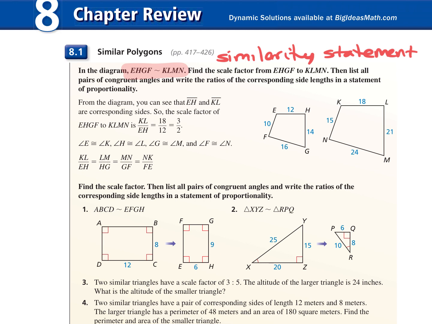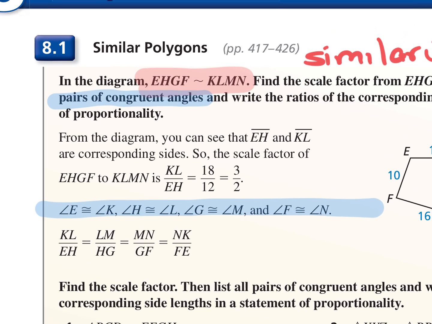Then the next thing is, and you had to do this on the quiz, it was the first question. They're also asking us to list all the pairs of congruent angles. So when you're given a similarity statement, finding all of these pairs of congruent angles is easy because all you have to do is look at your similarity statement and you can see that the first letter E matches with K, and that's what they wrote here.